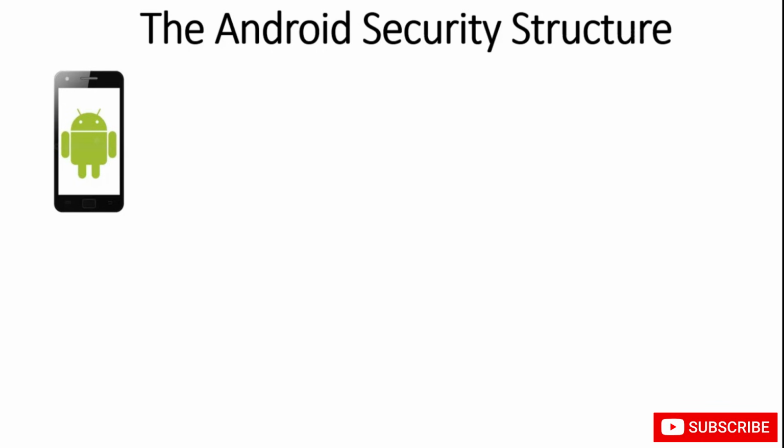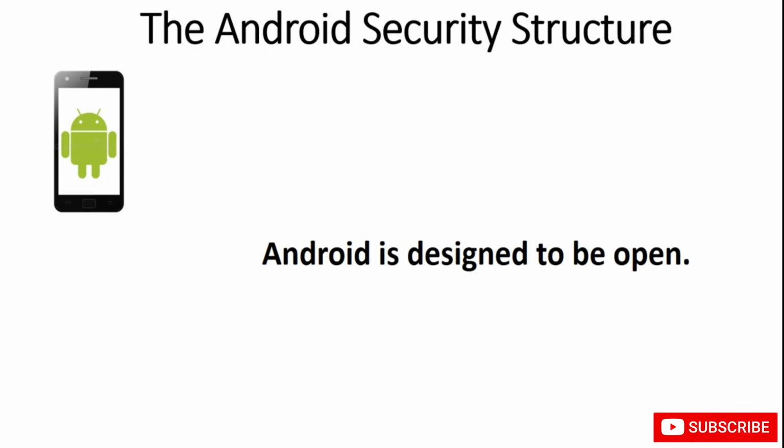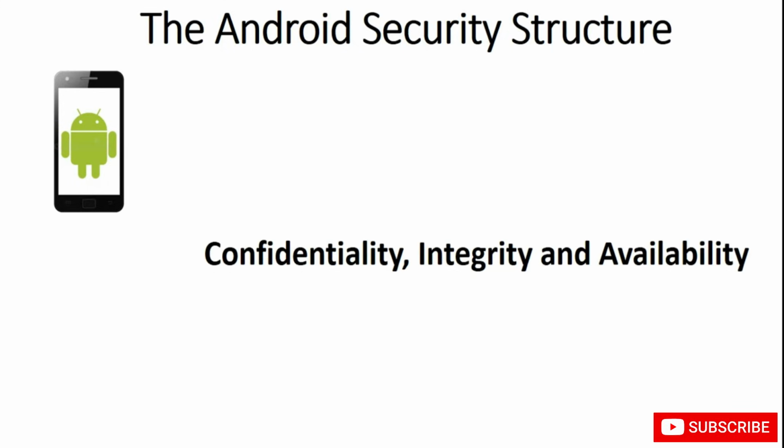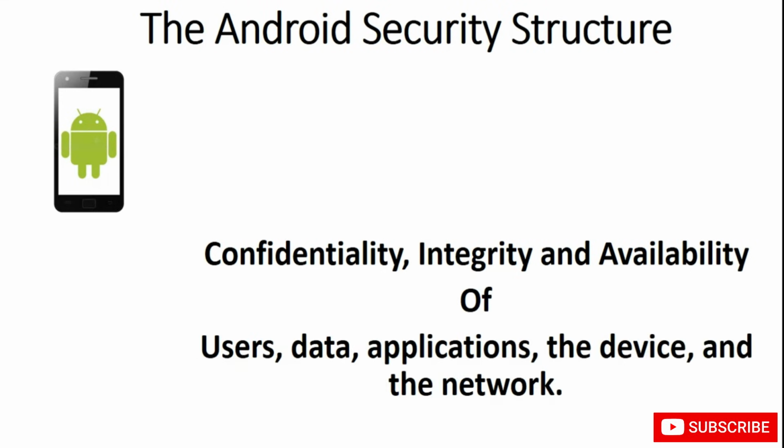Now the beauty is that Android is designed to be open, and one of the challenges is that it is a little less controlled when compared to alternatives like Apple iOS. Google tries to maintain the Android platform to offer an application environment that helps protect the confidentiality, integrity, and availability of users, of their data and applications, of the device itself, and of course the ecosystem as well.